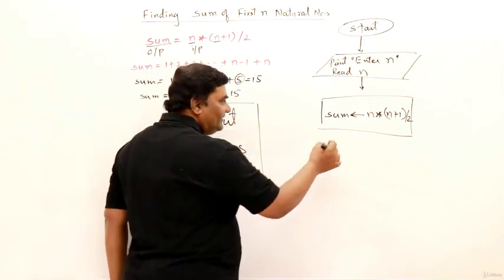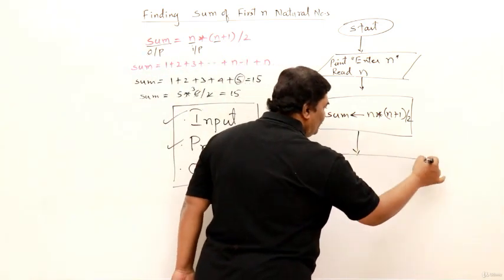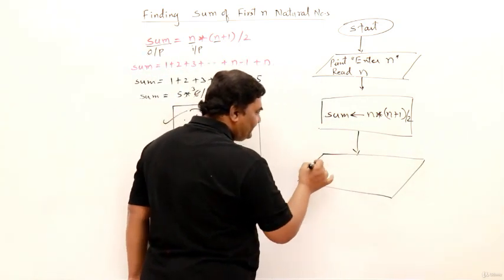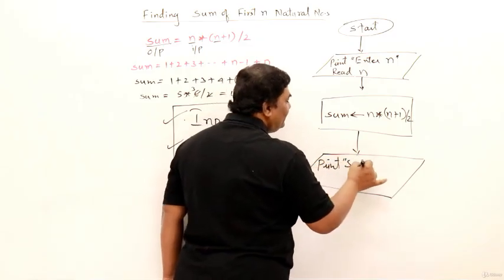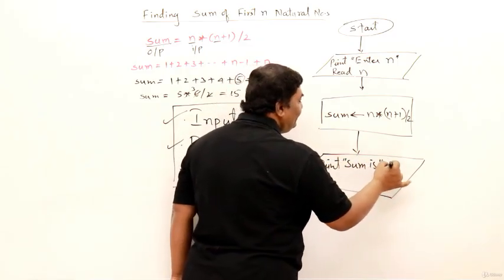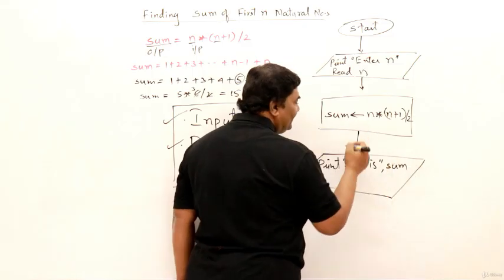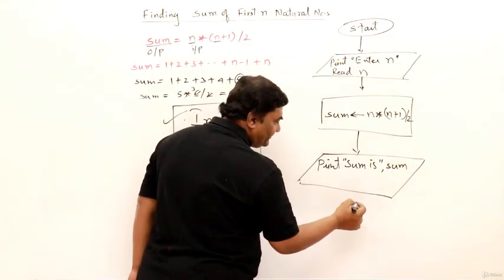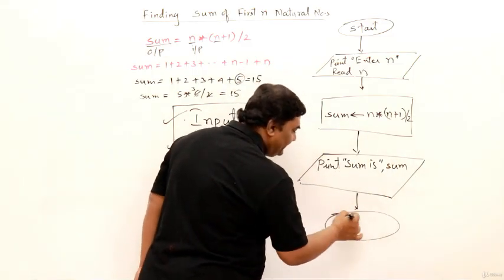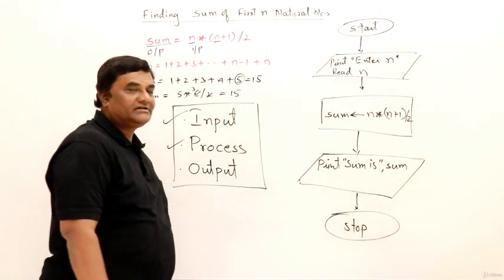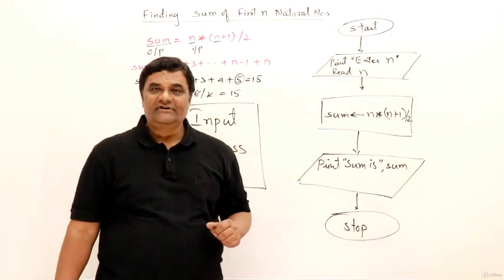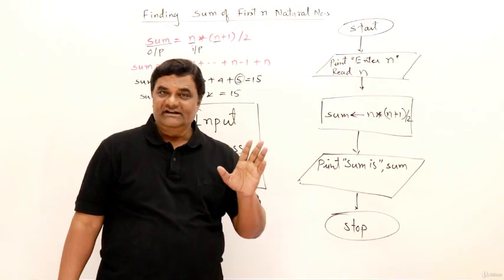Then again an input output box. I will give a message, printf sum is, then after this I will write the variable name. This is a message in double quotes. Then after this, end of the flow chart. So stop. This is the flow chart for finding the sum of the first n natural numbers using this formula.